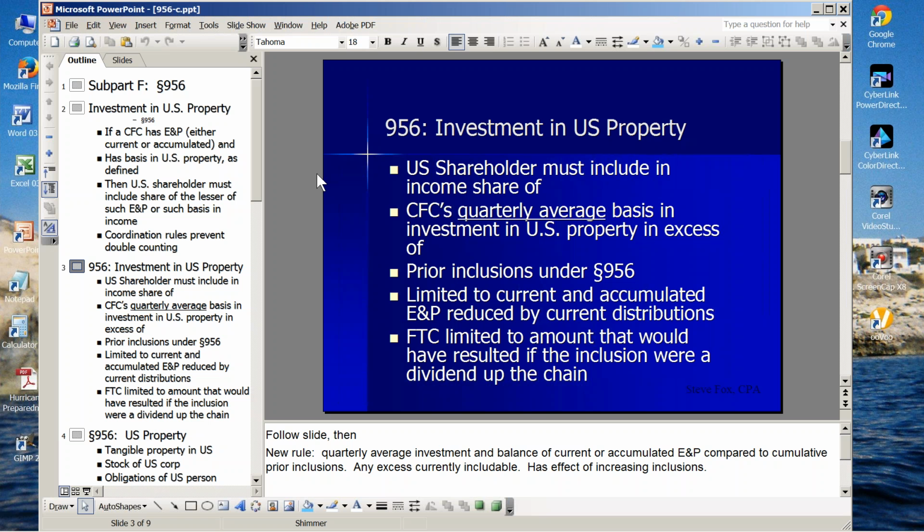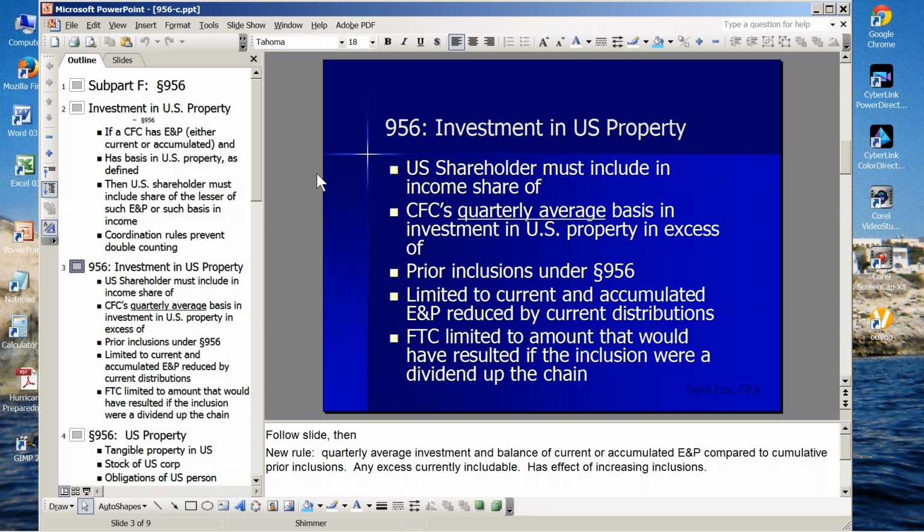Now, if there have been prior inclusions under 956, then the total amount includable is reduced by the aggregate of those prior inclusions. This is fairly important to remember. It's not a one-on-one offset.